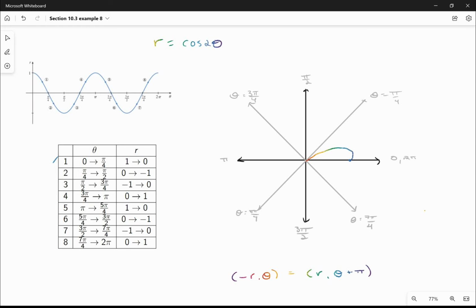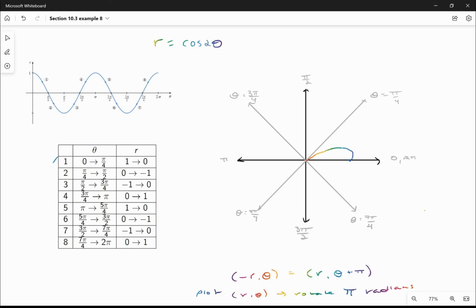So to graph the values where r is negative, we can just graph it as if r was positive, so we'll have graphed r theta, and then rotate that section of the curve pi radians.